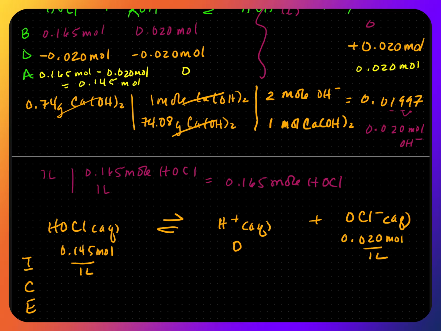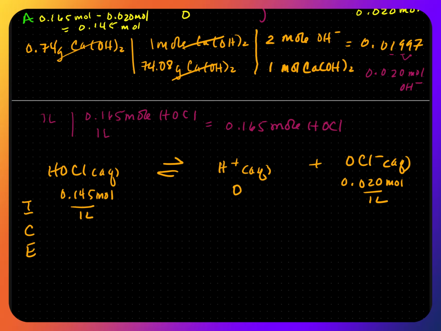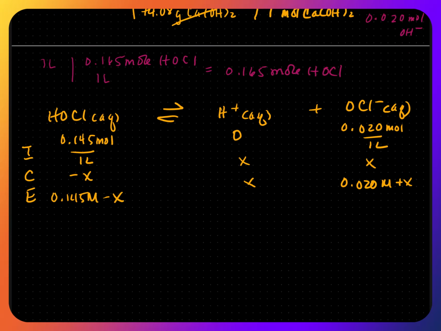So now my buffer solution is kind of like a common ion effect. Since everything is 1 to 1 to 1, on the reactant side I'm going to subtract X, on the product side I'm going to add X. So equilibrium is IC added together, so this is going to be 0.145 molar minus X, X, 0.020 molar plus X. If I use the Ka equation, this is equal to H plus times OCl minus over HOCl.